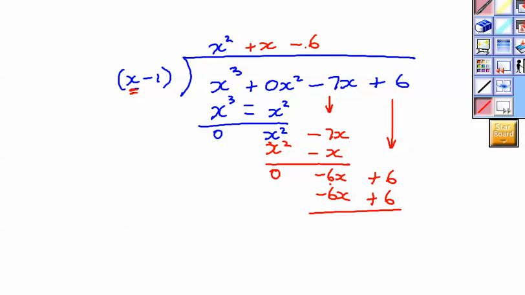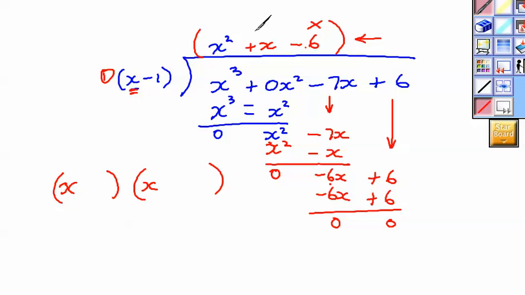Now what will happen is that these two will disappear, a 0 and a 0. So now I know that this will give us the remaining two solutions. I already know that one of them is x minus 1. So what we're going to have to do now is factorise this here. I'm going to put this to one side. x, x. What do I multiply to get minus 6, and the same two numbers will add together to give us 1 as an answer?